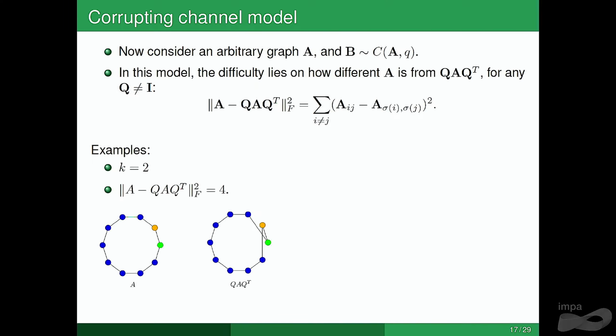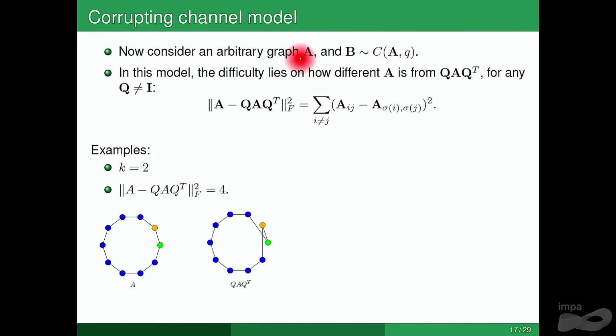So here I have some figures to illustrate this issue. For example, when k is equal to 2, we can look at the permutations of size 2, or basically we just take two vertices of the network and permute them. So this is A, this is QAQ transpose. We flip these two vertices, and then we measure the similarity between these two, right?